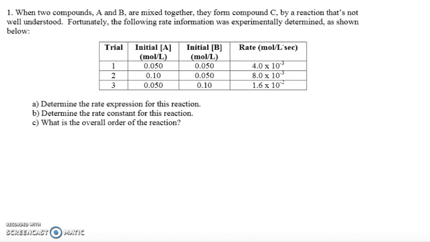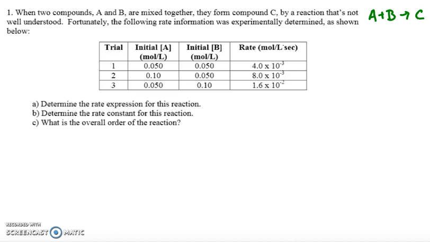All right, we are going to have a reaction. It doesn't really matter what the reaction is. We're going to have this generic reaction, A plus B mixed together to form compound C. There's a reaction that's not well understood. Fortunately, the following rate information was experimentally determined as shown below.